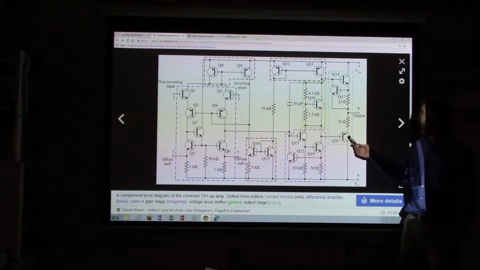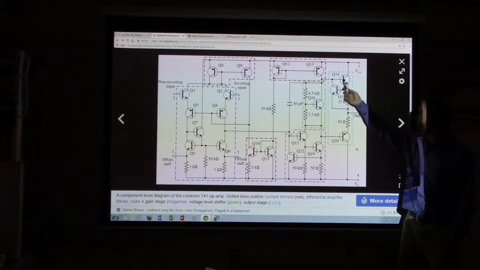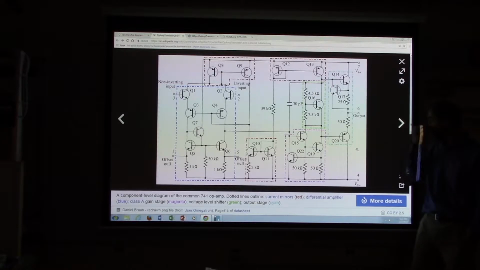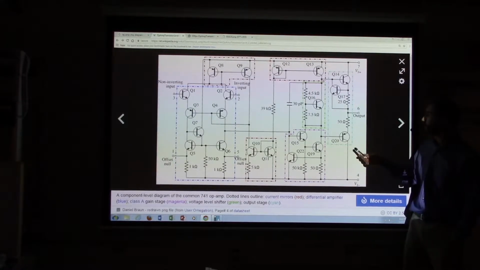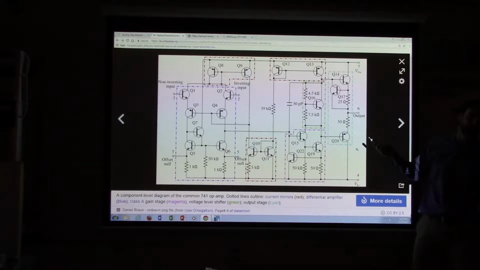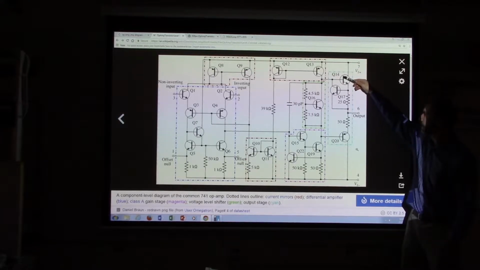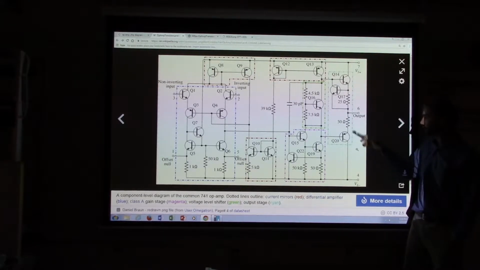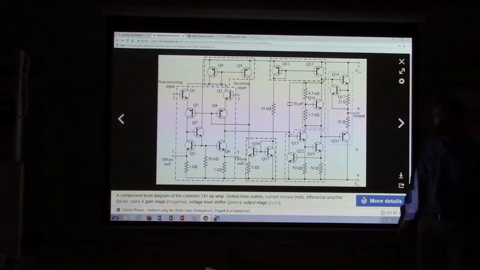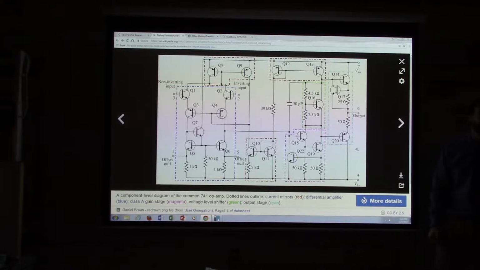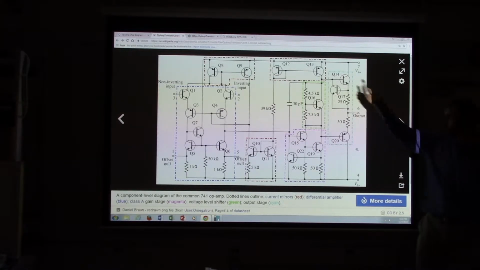And then the output comes here to this set of transistors, which is in a push-pull configuration, right? A CMOS configuration. You've got this transistor up here and this transistor down here working together so that you can set the output level to whatever you want. So obviously there's a lot of other things going on here.